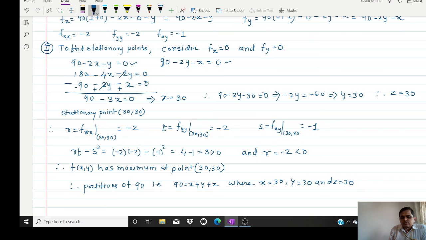These partitions are such that sum of product taken two at a time is maximum. Are you clear with this?